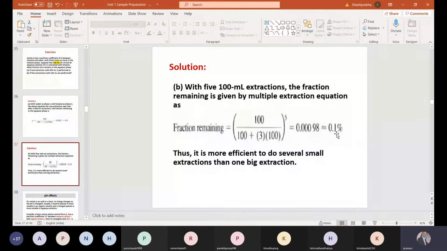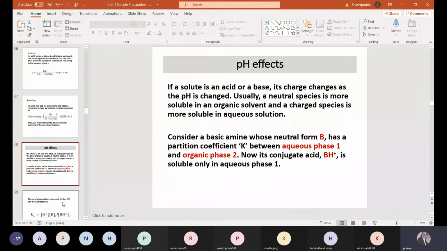We have used that same 500 ml, but in increments of 100 ml for each extraction, and as a result we get extraction of 99%. So efficiency increases.